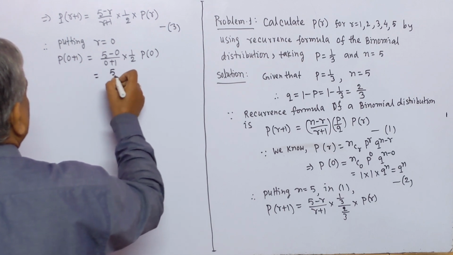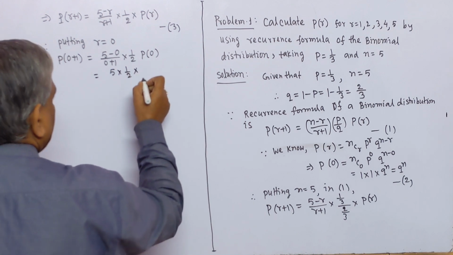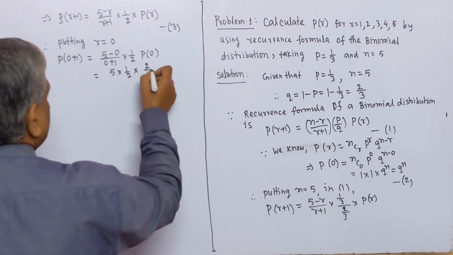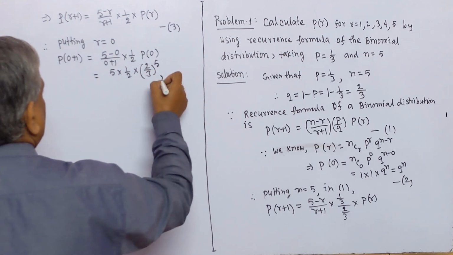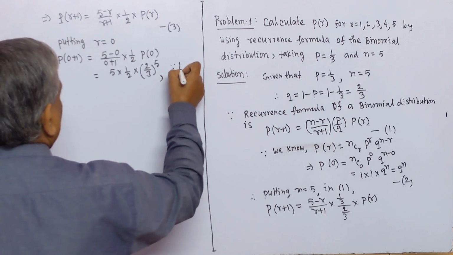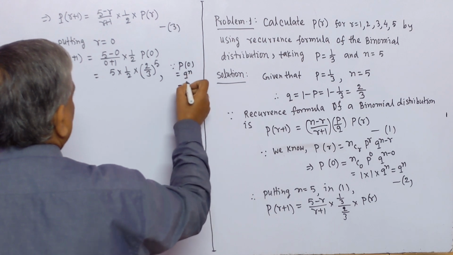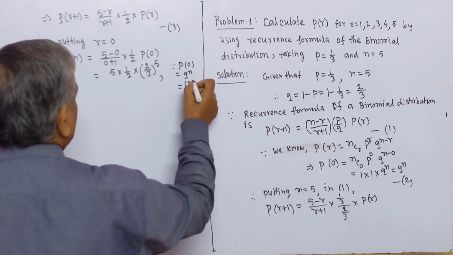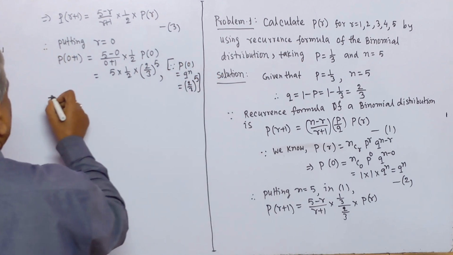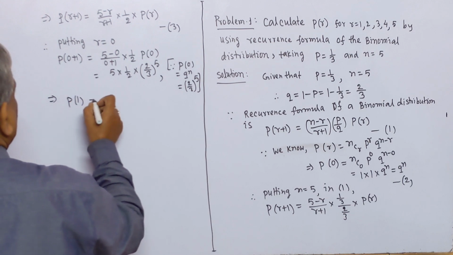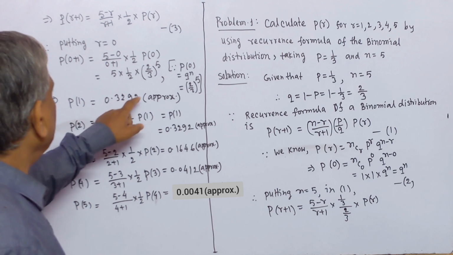Here 5 multiply half, q to the power n, q is 2 by 3, to the power n means 5. Since P0 equal to q to the power n and q is 2 by 3, n is 5, this implies that P1, by calculating, we get 0.3292 approximately.